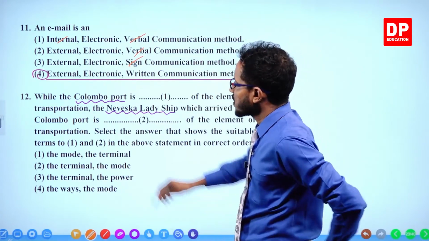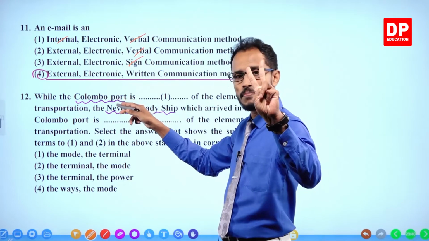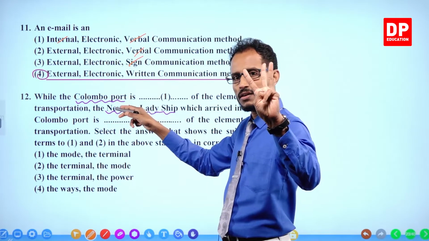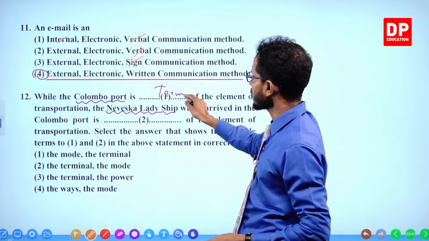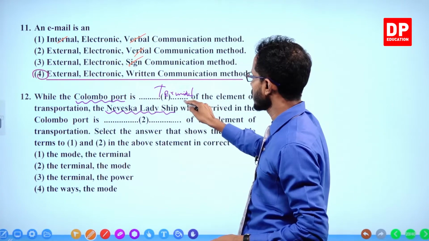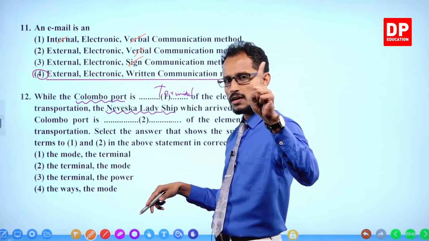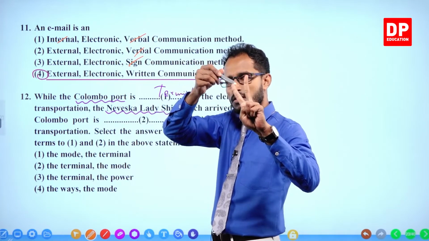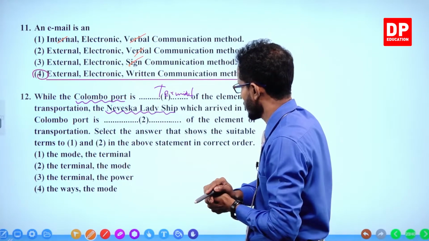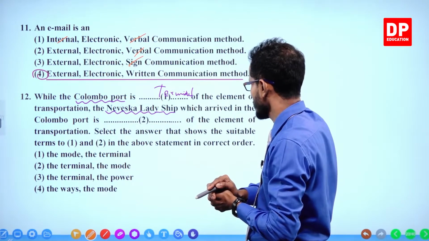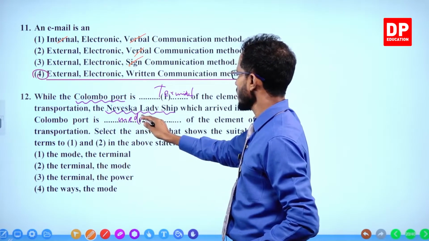Ways, medium, power, terminal. Is the Colombo port falling under ways, medium, power, or terminal? Terminal. Nevasca Lady ship, way or medium? Medium. Yes, the Nevasca Lady ship is the medium. Now check the answer.